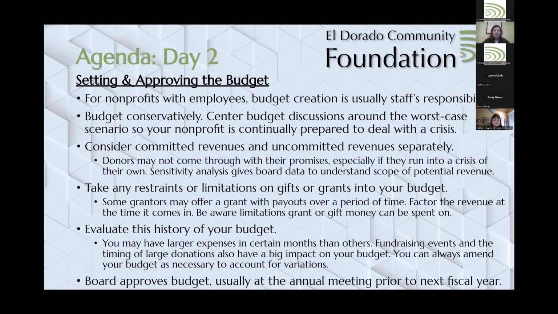So whenever you're looking at your revenues, you always want to have that open discussion: we've always gotten this from so-and-so, but maybe we should take it down a little bit. The economy may make it a tough year on people. Whenever I was redoing budgets for a lot of the nonprofits I worked with during COVID, we slashed our annual giving campaign hugely because we just knew that it would be difficult for people.